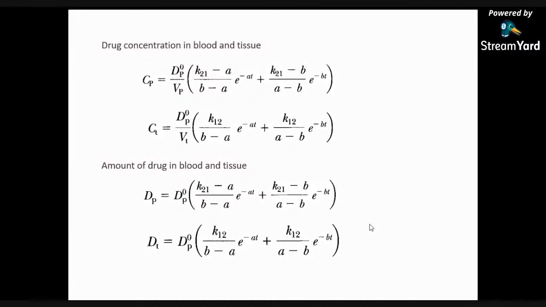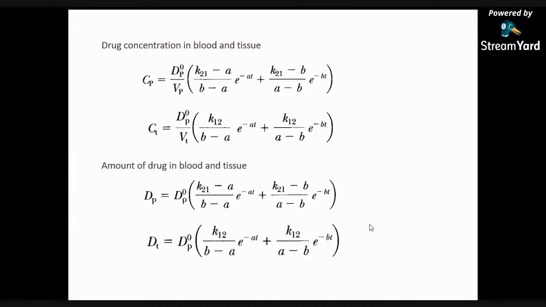So for the amount of drug in blood and the tissue we can say that Dp is equal to Dp in bracket k21 minus a upon b minus a into e to the power minus at plus k21 minus b upon a minus b into e to the power minus bt.